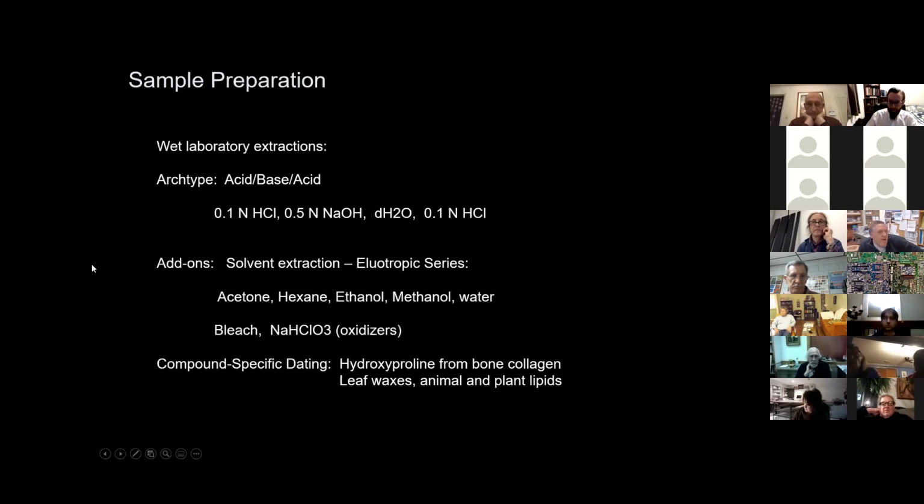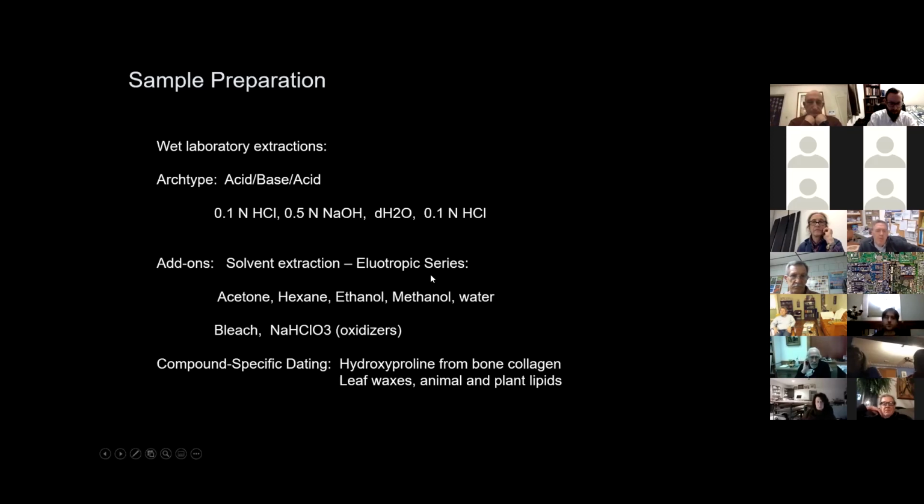So then there are add-ons to these. Usually they're kind of preambles, and they're not so much used for samples that come straight out of the ground, unless there's a particular circumstance that requires them. But if there's the possibility that samples contain hydrophobic contaminants that may not so easily be released by these, we can do these additional solvent washes.